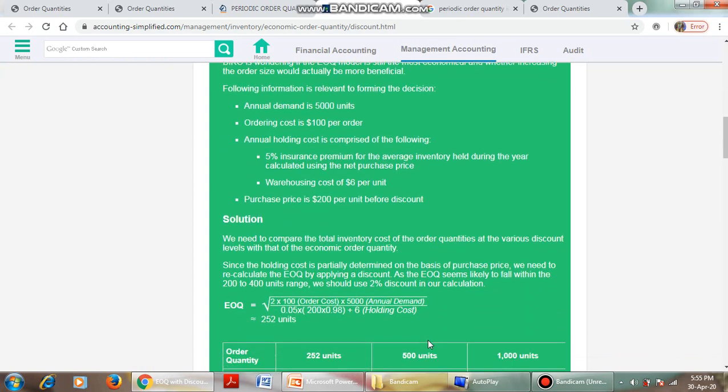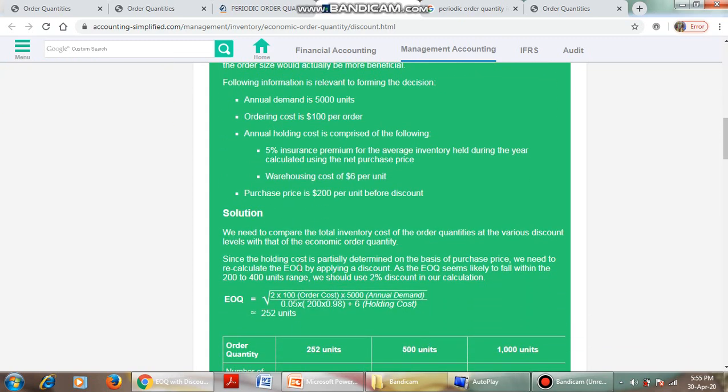Okay. Now let us see here. As simple, we have calculated the EOQ. What is the formula for EOQ? EOQ is equal to square root of 2 into ordering cost into annual demand divided by holding cost. What is this 5%? 5% is our insurance, that is 0.05 into 200. What is this 200 here?